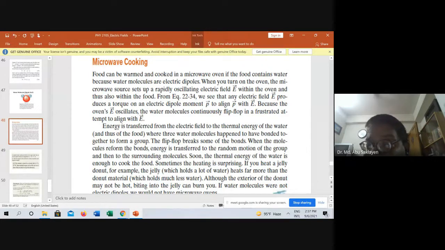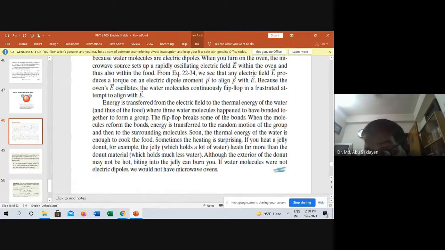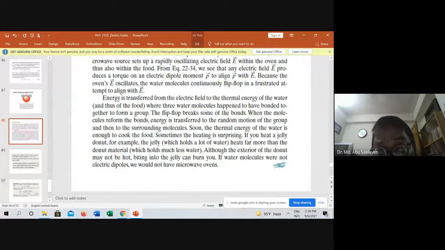It will one time right side, another time left side, অথবা depends on your direction of electric field, like this, এরকমও করতে পারে। মানে কিসের জন্য এটা? টু অ্যালাইন দ্য ডাইপোল ইন ইলেকট্রিক ফিল্ড। যখন সে রাইট ডিরেকশনে থাকবে তখন কি করবে? মানে ডাইপোল মোমেন্ট এইদিকে আসতে চাইবে, আবার যখন এইদিকে যাবে তখন ডাইপোল মোমেন্টটাকে এদিকে অ্যালাইন করতে চাইবে, and it will make a half cycle, and within this it will rotate like this, oscillate like this, and due to this a large amount of work is done, produced, and this work expressed as heat, and this heat can cook your food.